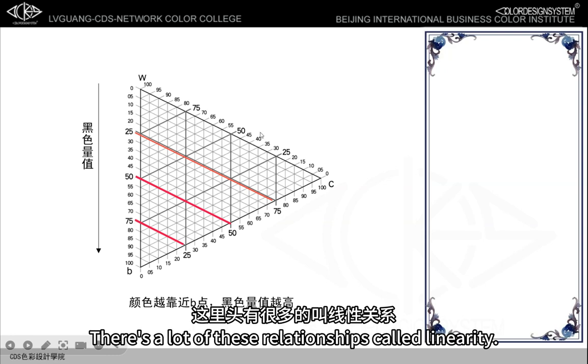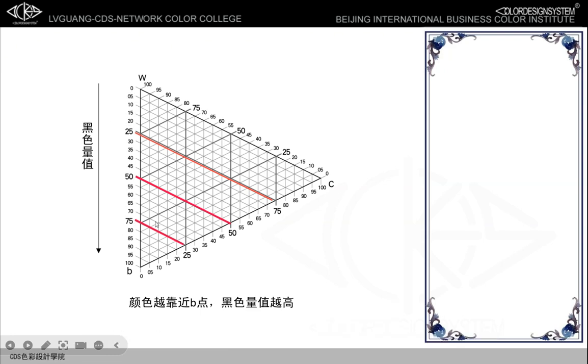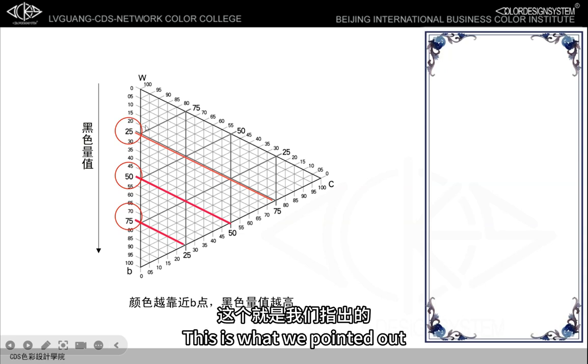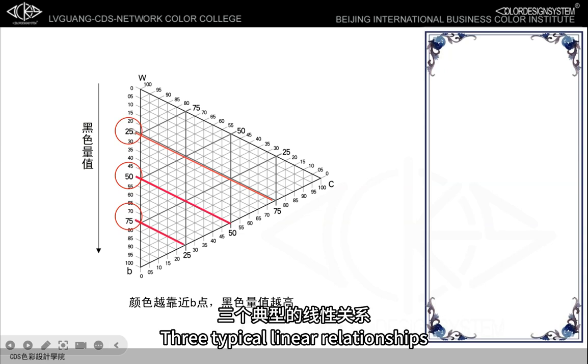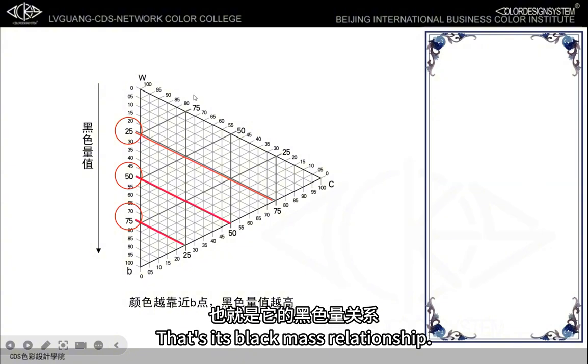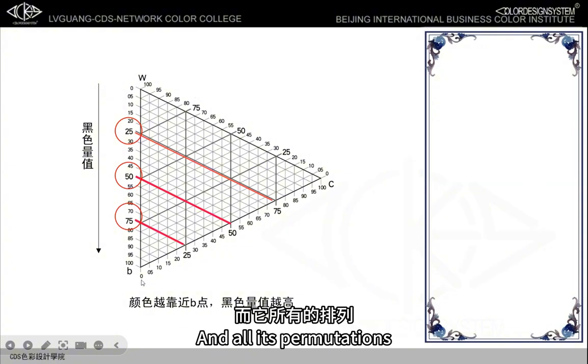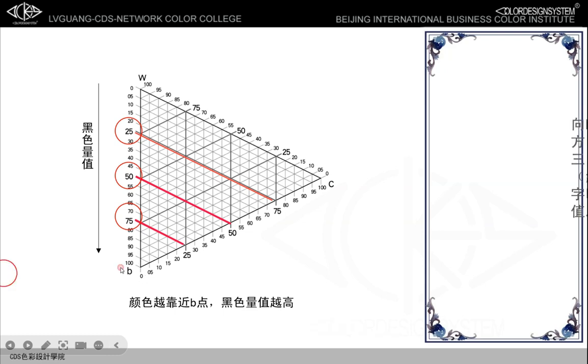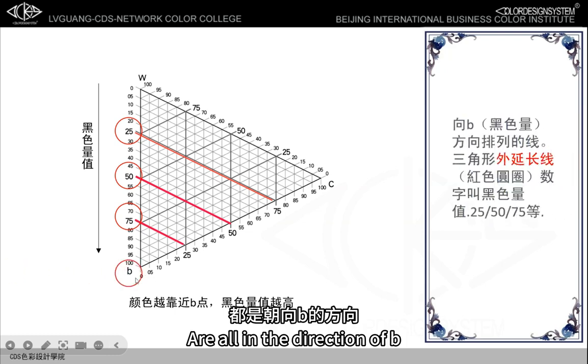There are a lot of these relationships, called linearity. This is what we pointed out: three typical linear relationships. That's its black quantity relationship, and all its permutations are in the direction of B.